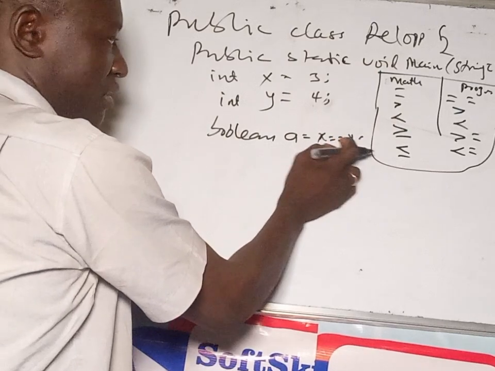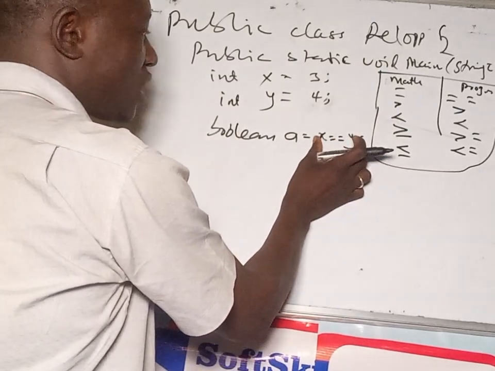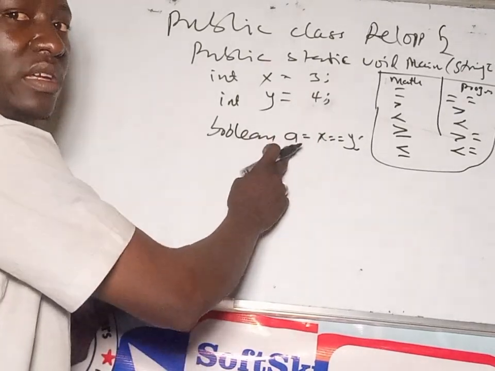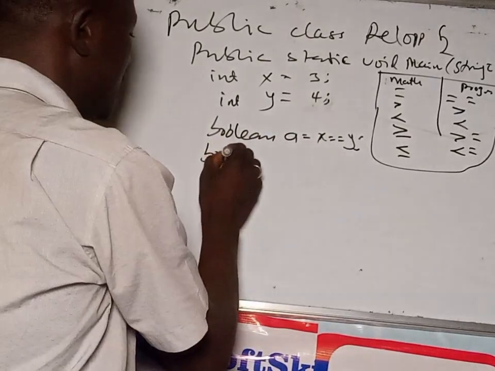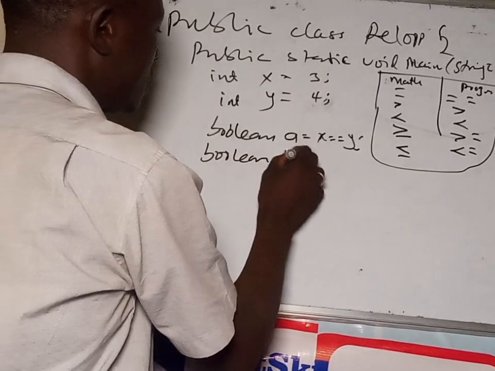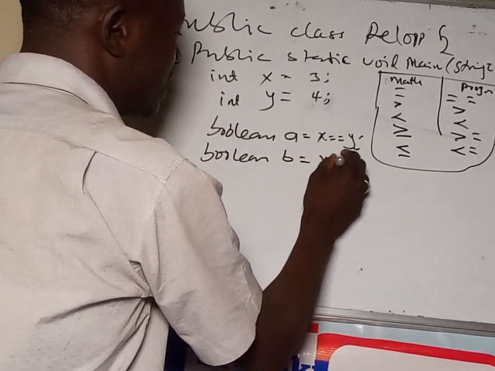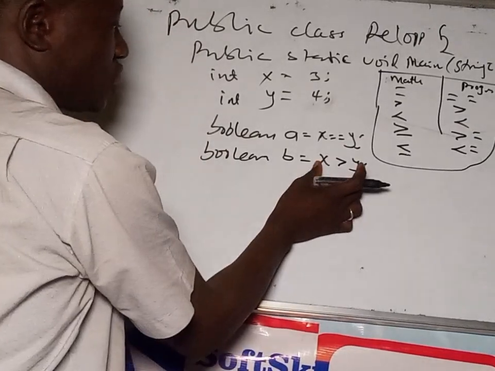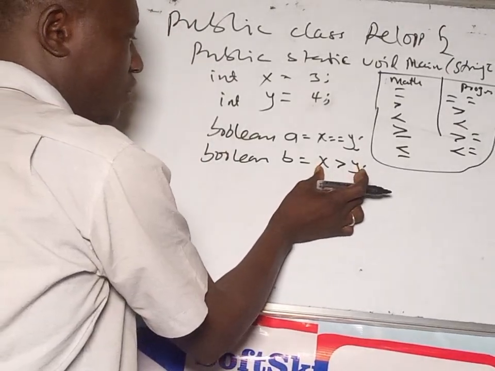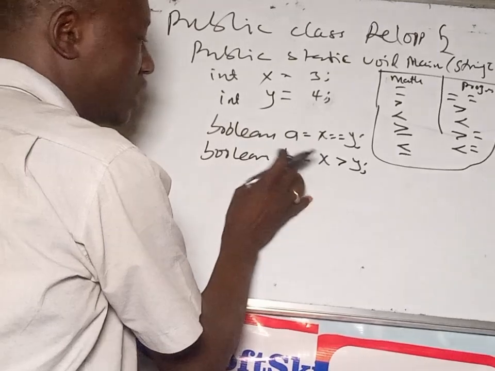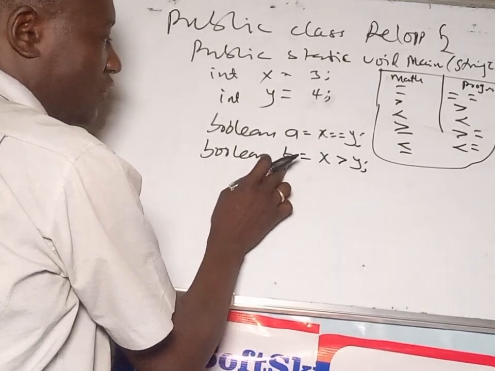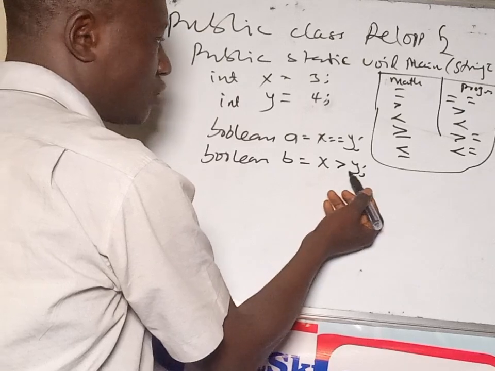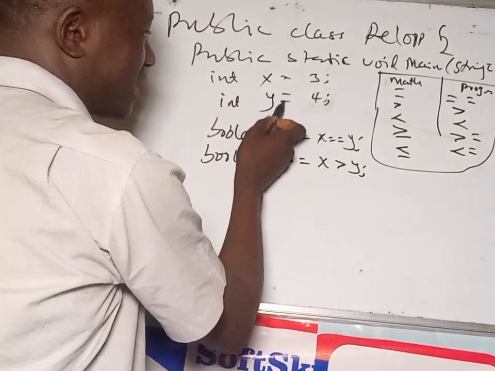Is x equal to y? Whatever the answer, it should be stored in a variable called a. Are we together? The same thing here, we have boolean b is equal to x greater than y. Here also it is going to compare the variables x and y and store the answer in variable b.